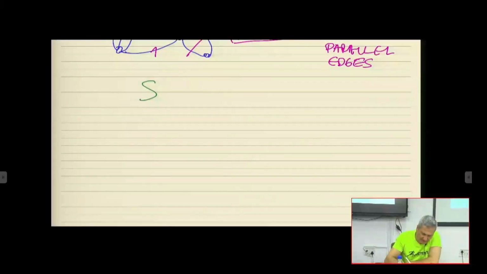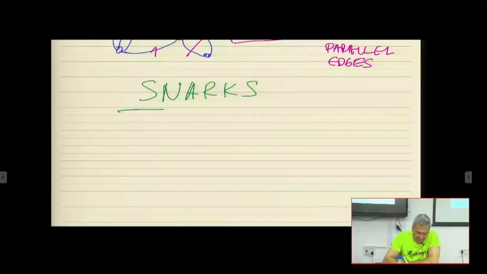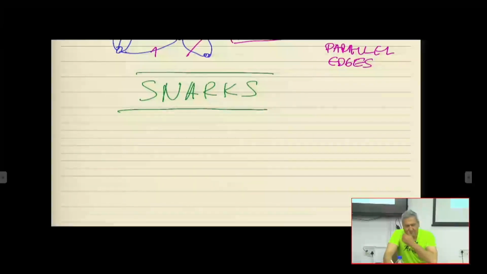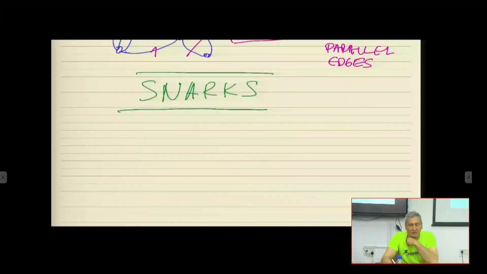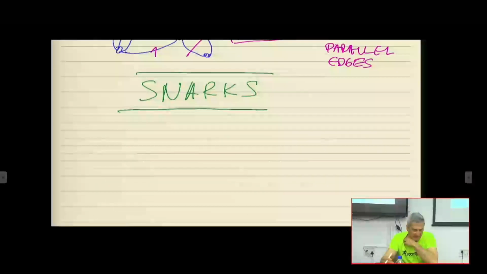Subtitle, second part, Snarks. Here we study cubic simple graphs. Snarks are not well defined. It depends on what we need them for. But usually we want to get rid of some trivial cases.